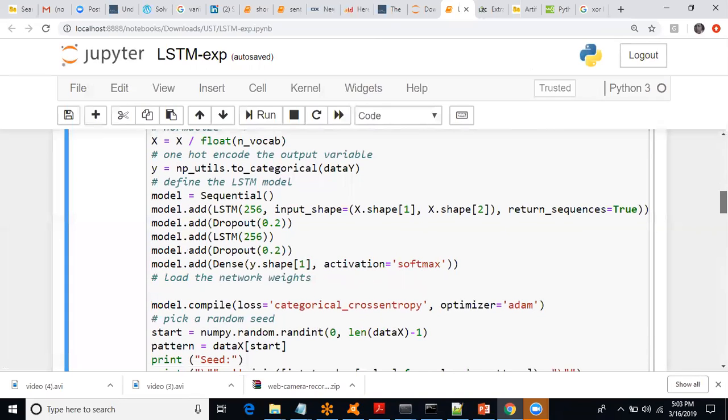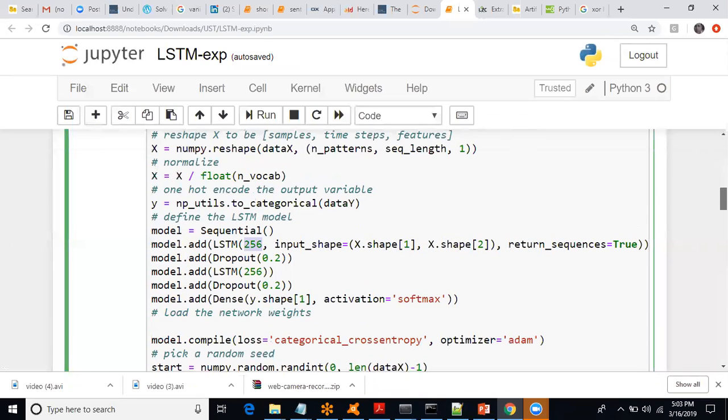When you create a network, we add the input shape. Input shape is the shape of the data, the number of columns. And this is the embedding layer. So this much memory space is required to carry the information.